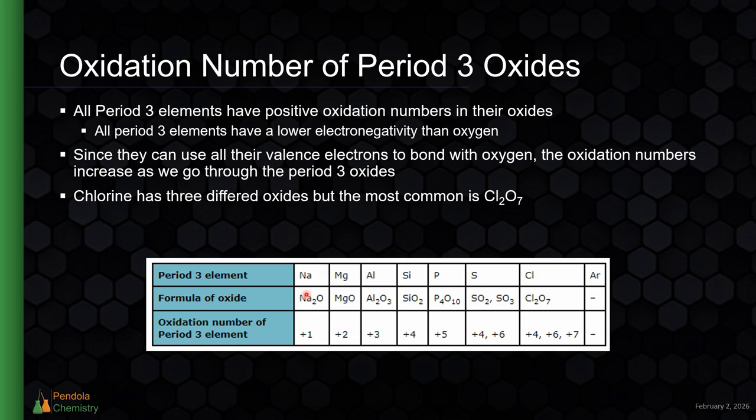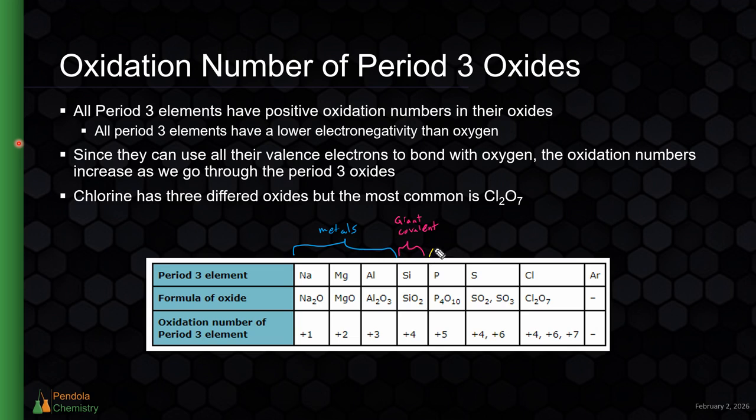So if we go from something like sodium to magnesium to aluminum, and if we remember the conversation we had in 10.3, remember that these three first elements are going to be metallic, whereas silicon is giant covalent, and then phosphorus through chlorine.